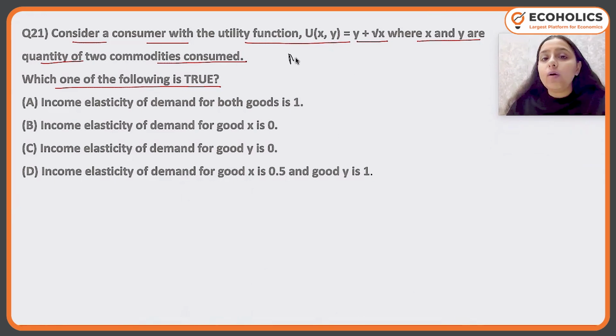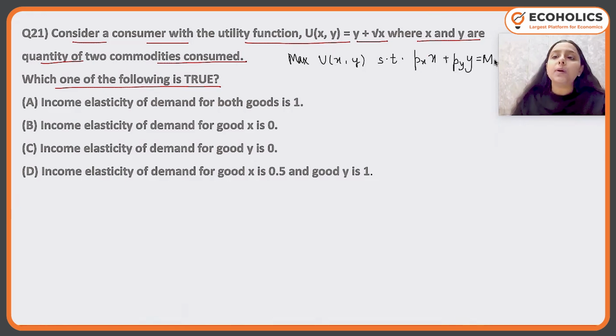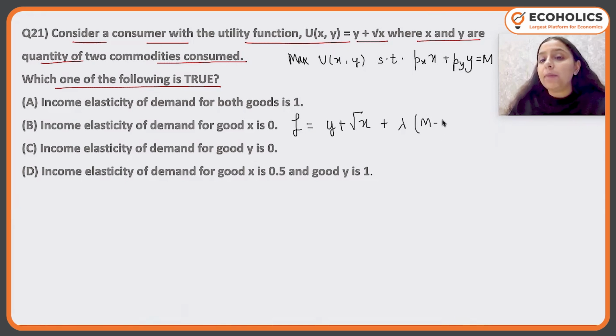Now, utility always has to be maximized subject to budget constraint. So that would be Px x plus Py y equals M. This is my budget constraint. So my Lagrange would be the utility function, that is my objective function, plus lambda times M minus the budget expression. This is how we substitute your budget constraint into the Lagrange.